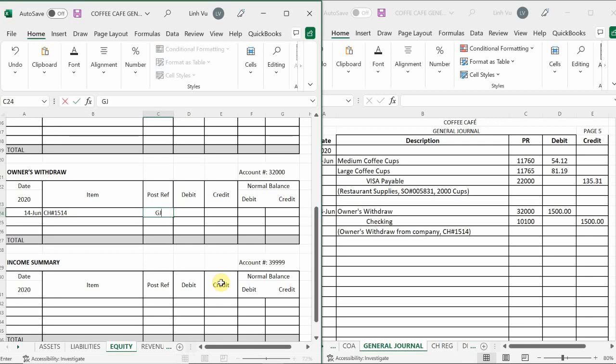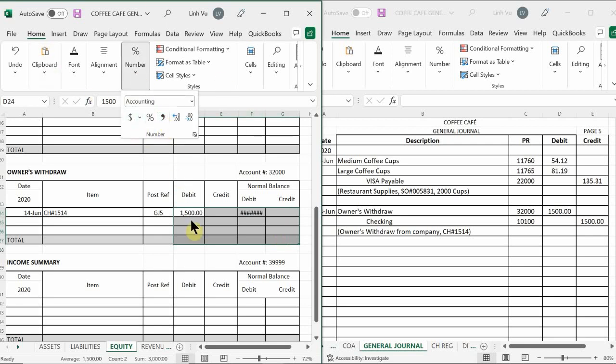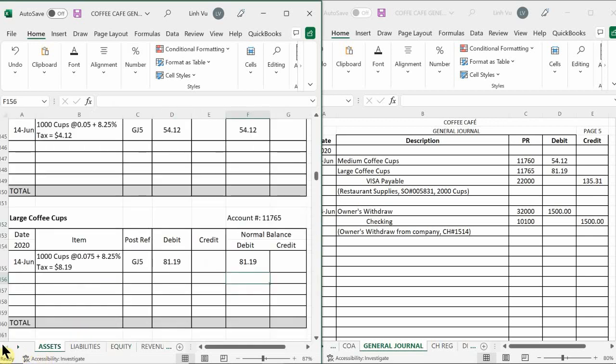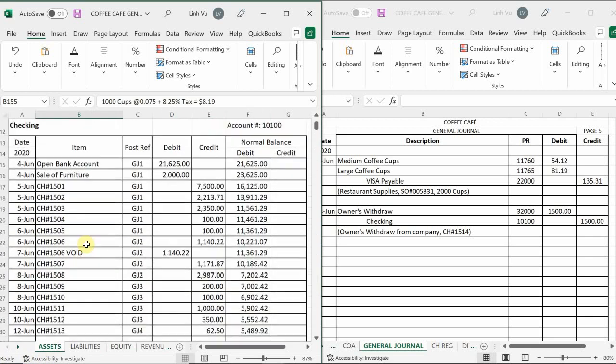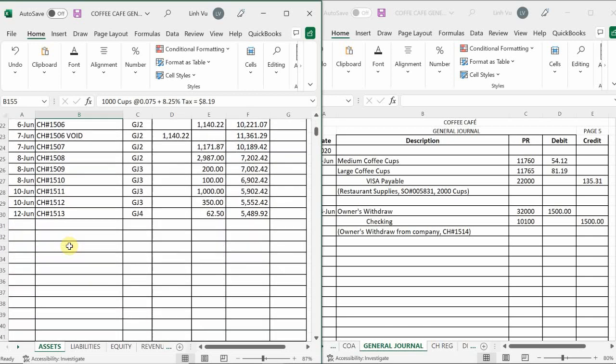It is the 5th journal. We're debiting for $1,500. And of course, we need to update my checking account here, because once again we wrote a check for $1,500.